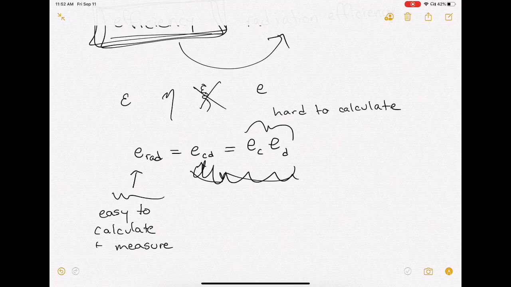So from my point of view, conductor and dielectric efficiencies are pretty useless. Well, the radiation efficiency is important.